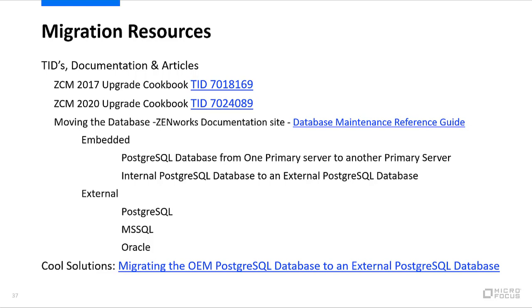There's some processes out there under the reference guide to be able to go to different platforms, or if you're retiring a primary server, and double check those under the maintenance reference guide. There is a cool solution, migrating the OEM PostgreSQL database to an external PostgreSQL database. And so we have cool solutions out there as well to reference. So there's plenty of details out there for you to have a successful migration of your database.